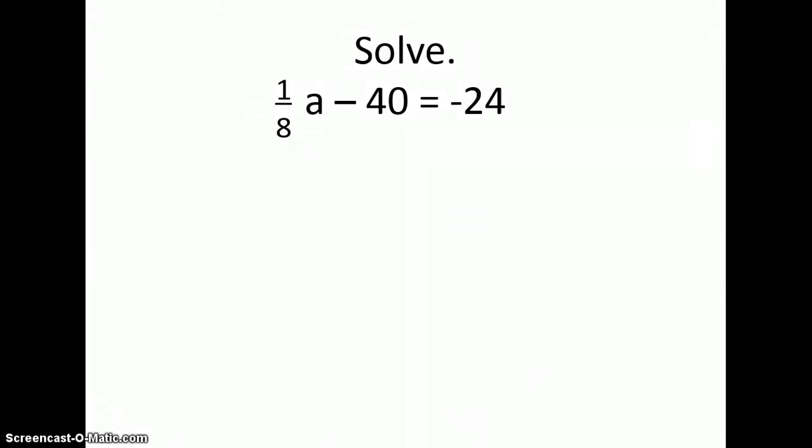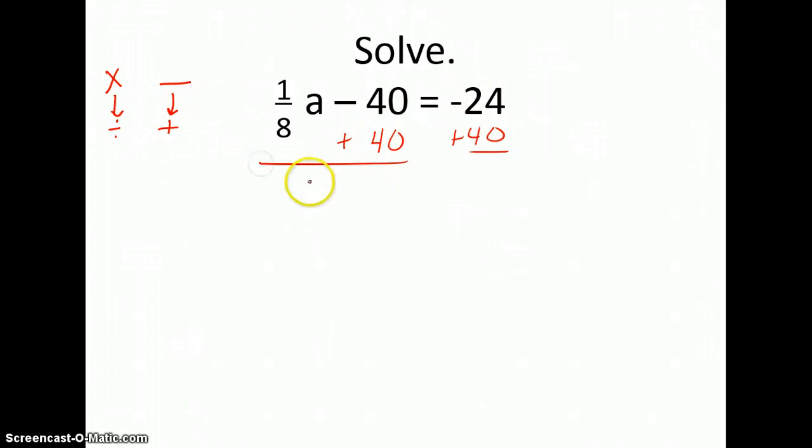Okay, in this problem, 1/8 is being multiplied by a, so I do have multiplication, and 40 is being subtracted, so I have subtraction, which means I'm going to need to add and divide. So let's start using the order of operations backwards by undoing the subtraction, by adding 40.